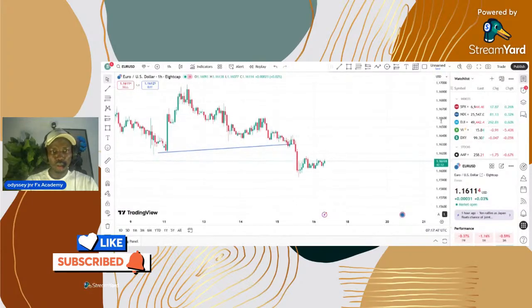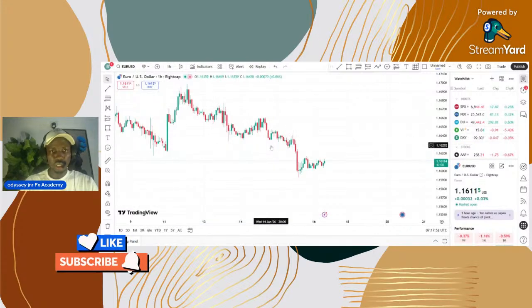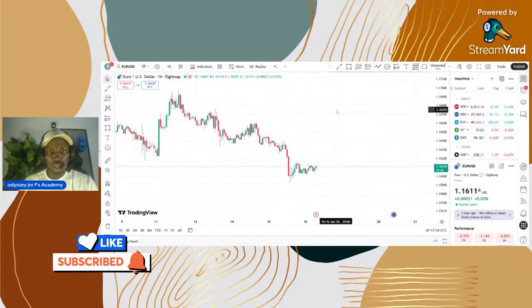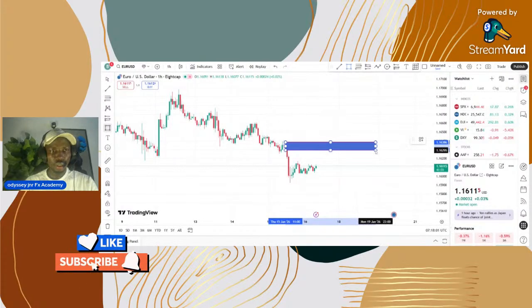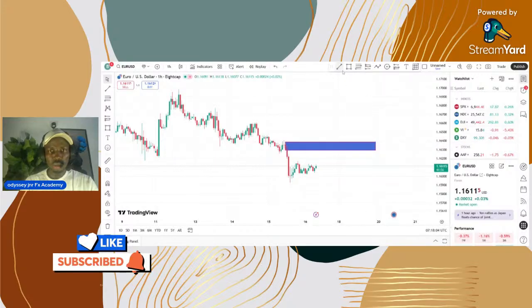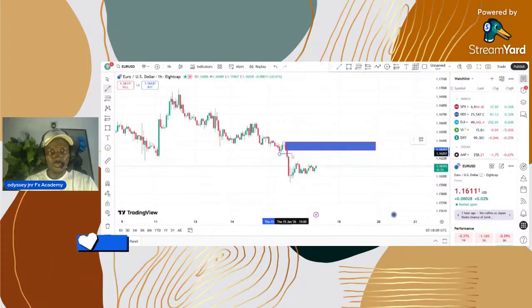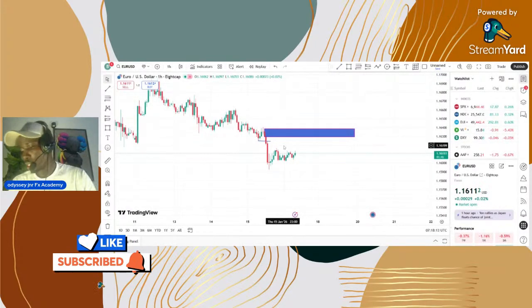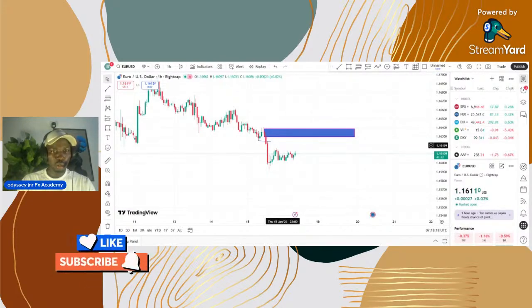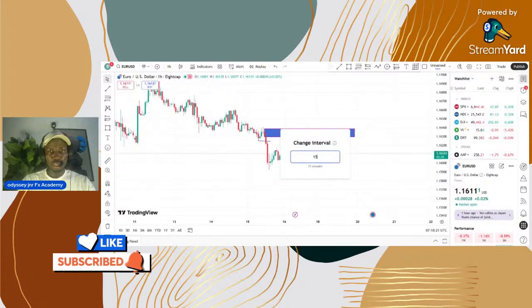Let me remove this. In 1 hour, we have this order block here because this is a break of structure. So we go to the 15 minutes time frame.